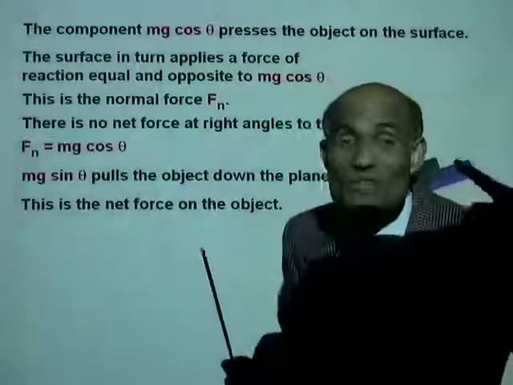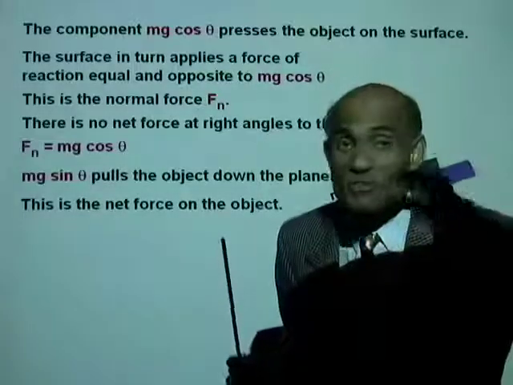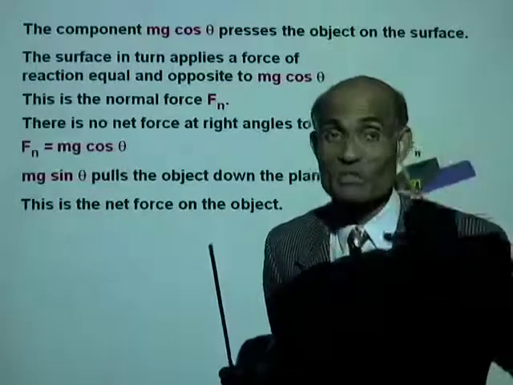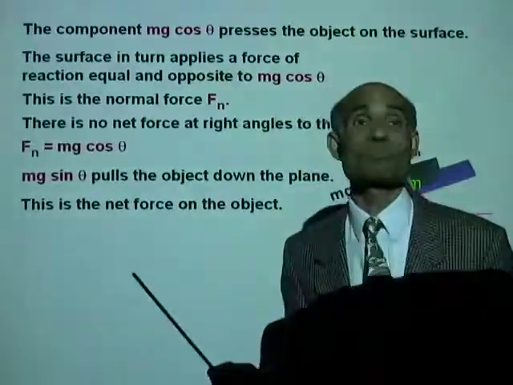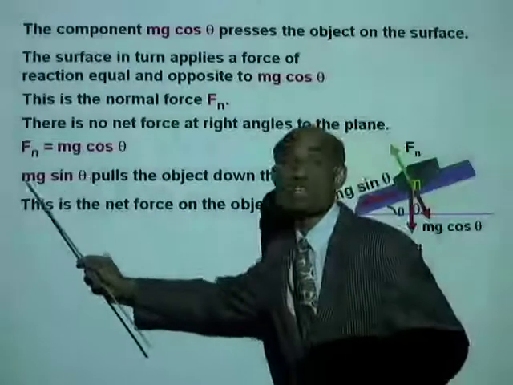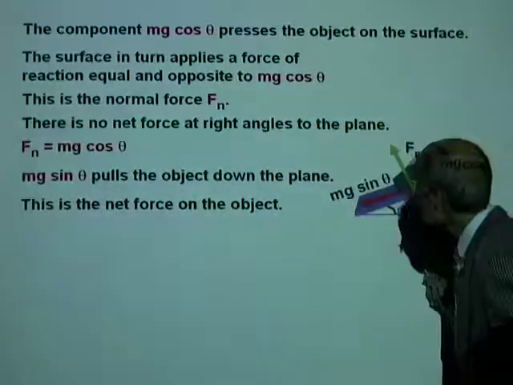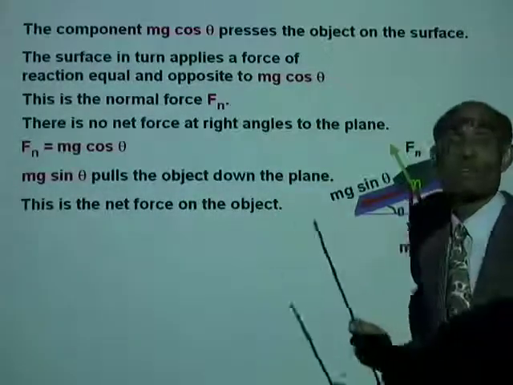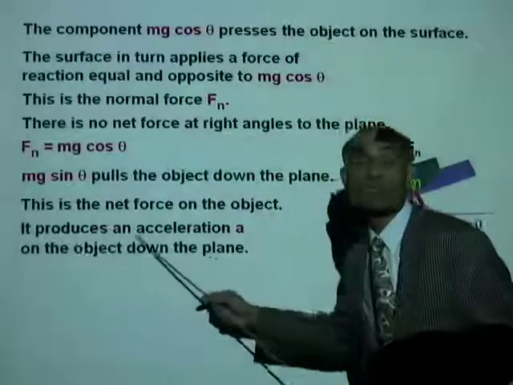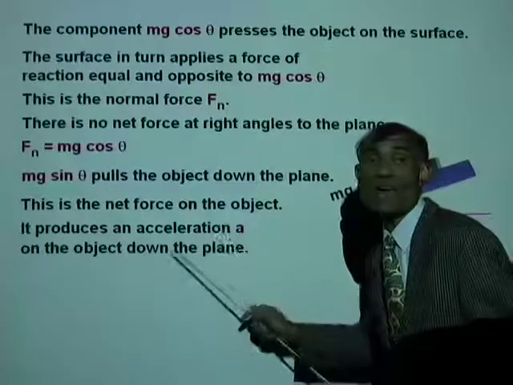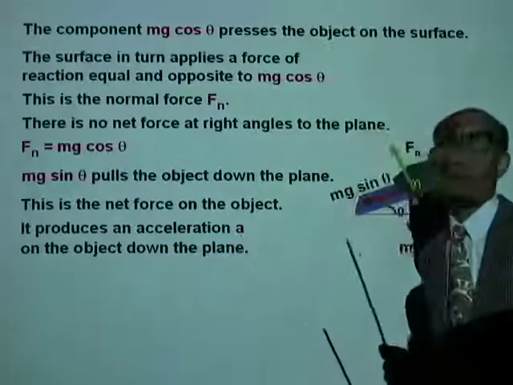In the next lesson, we are going to look at friction. So then we will change our story. But today, there is no friction between the block and the plane. Therefore, mg sin theta is the net force pulling the object down the plane, and it produces an acceleration a on the object down the plane.